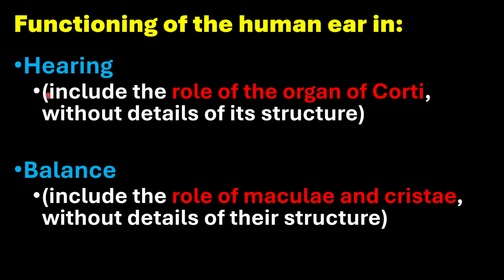One, it is involved in hearing, but when it comes to hearing, the part of the ear responsible for hearing is the organ of Corti. The human ear is also involved in the maintenance of balance. But then the parts of the ear responsible for maintaining balance are the maculae and then the cristae.